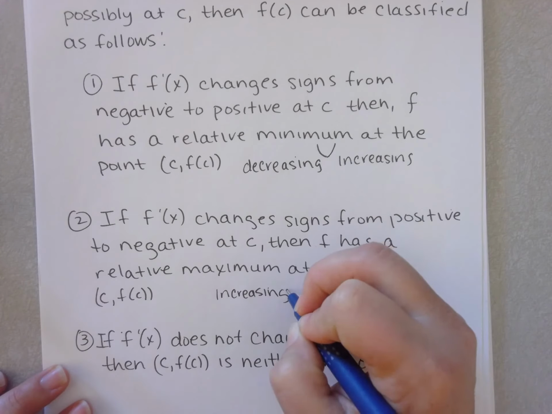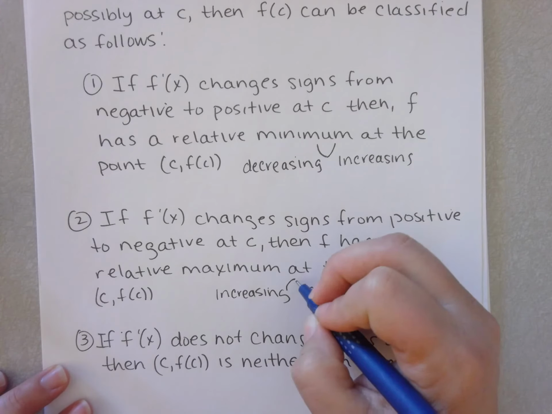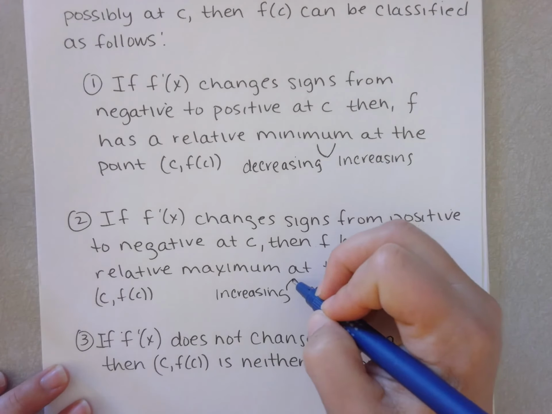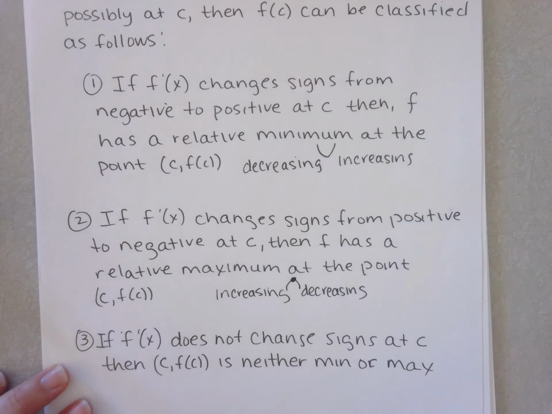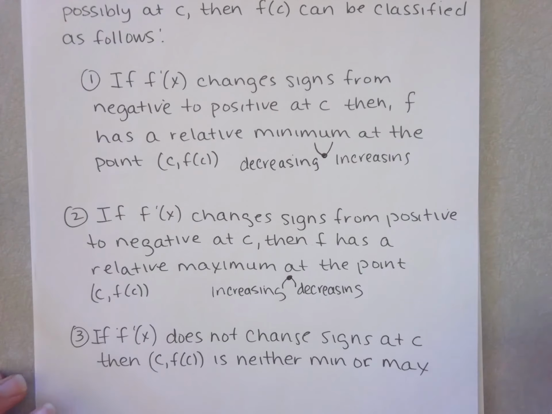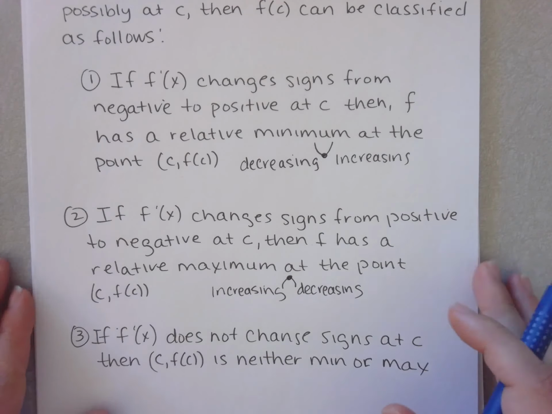So that means increasing looks like this, decreasing looks like this in terms of slope. So that means I'm going to have a relative maximum point up here, that's my point at C. And then the last thing just says that if f prime does not change sign at C, then it's neither a min or a max, okay?